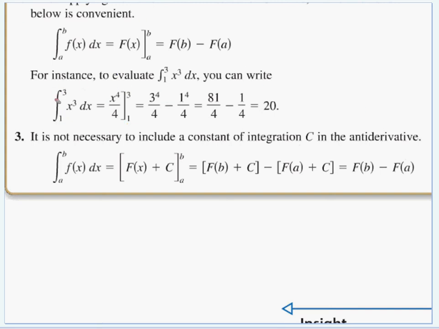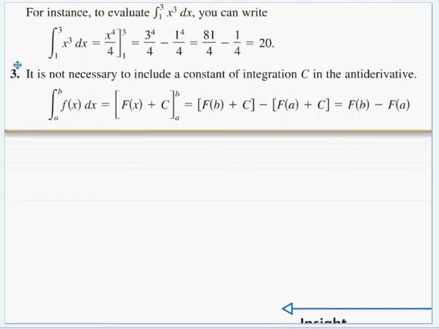Now here you might be thinking, okay, we antiderived. What about the constant of integration? It's not necessary to include that constant because of this. If we antiderive, we could put F of x plus c on there, and then our upper limit jumps in. So we have this F of b plus c. And then we have minus. Notice the grouping symbols.